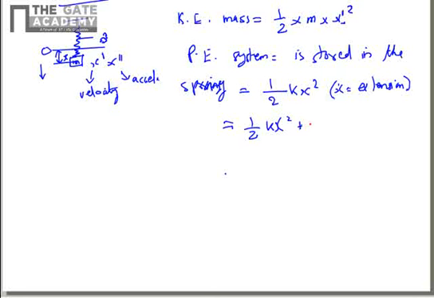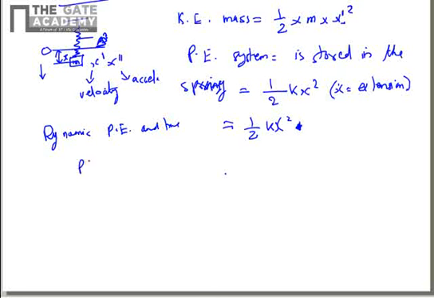plus half k delta square, but we will neglect that portion of the static deflection, because that potential energy will always be there, and we are only considering the dynamic potential energy and the kinetic energy which are changing with time.